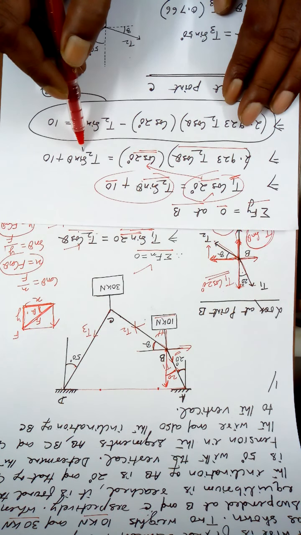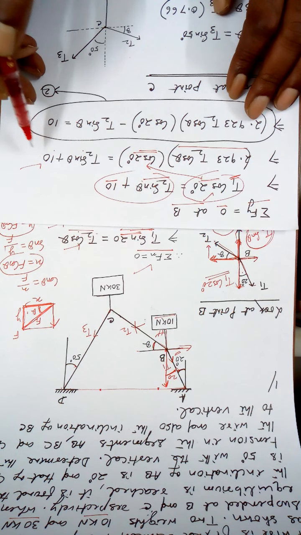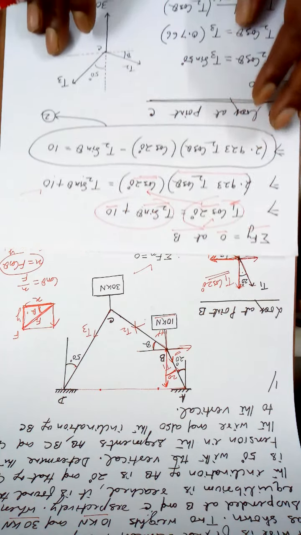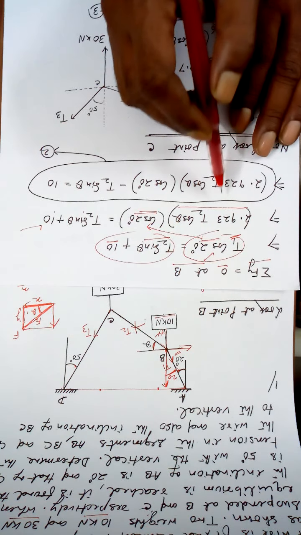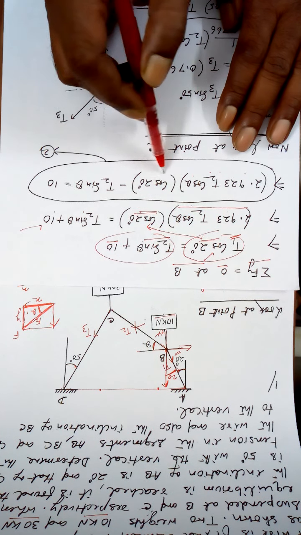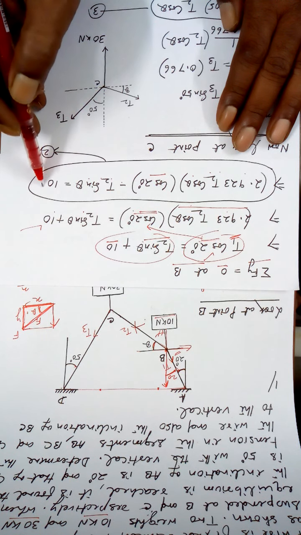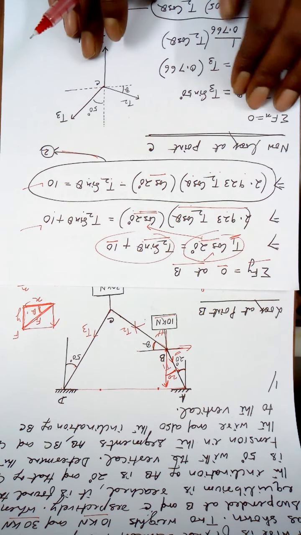T2 sin theta plus 10. Look, I am not converting kilonewton to Newton because that will be cancelled while taking a ratio. So this remains the same, T2 cos theta cos 20, this comes to this side, minus T2 sin theta is equal to 10. Make it equation 2.